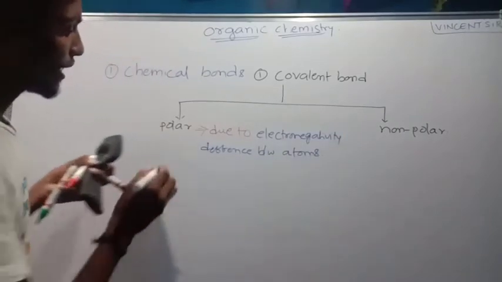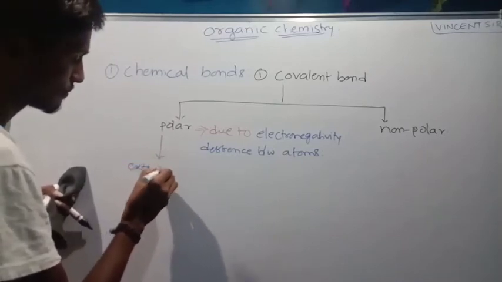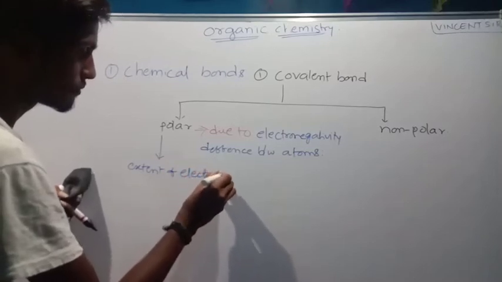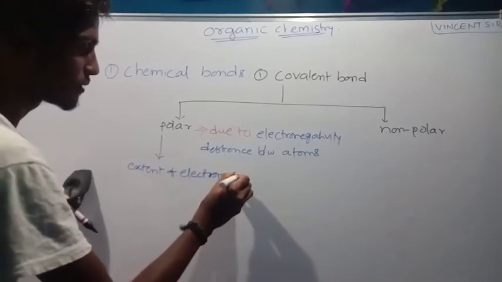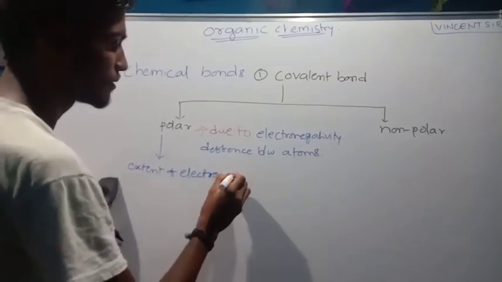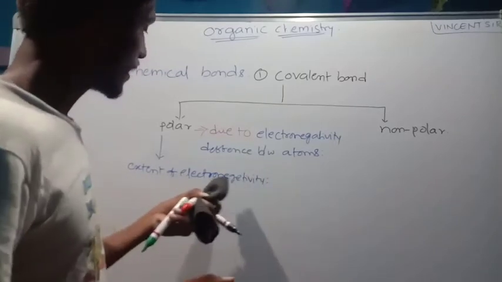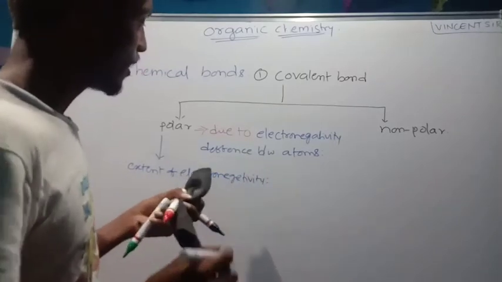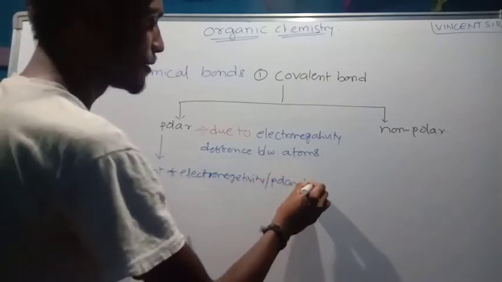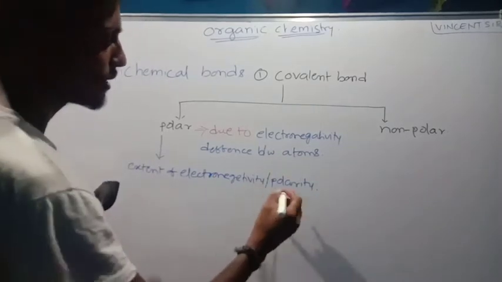The extent of electronegativity or polarity can be determined by using the dipole moment.